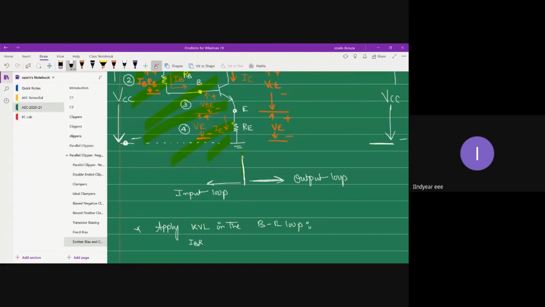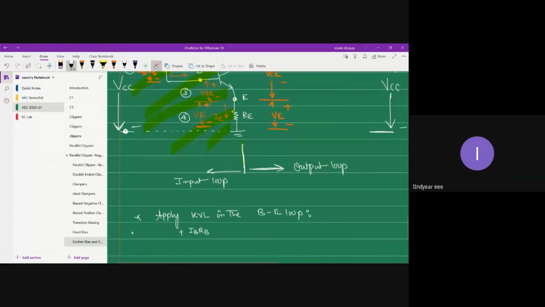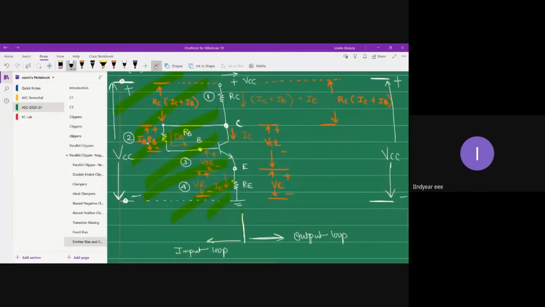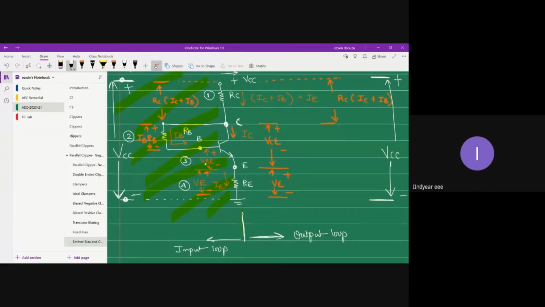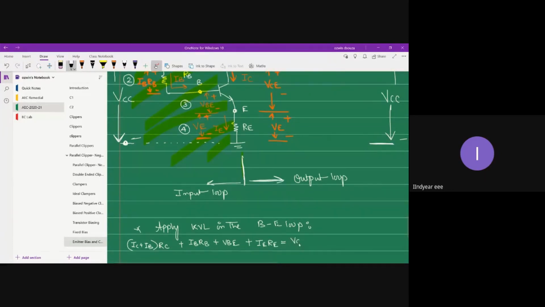So it is IBRB, sorry, I should have started from here: IC plus IB into RC, plus the second potential drop, which is IBRB, plus the third potential, which is VBE, plus the fourth potential, which is IE into RE, which is equal to the power supply voltage VCC.